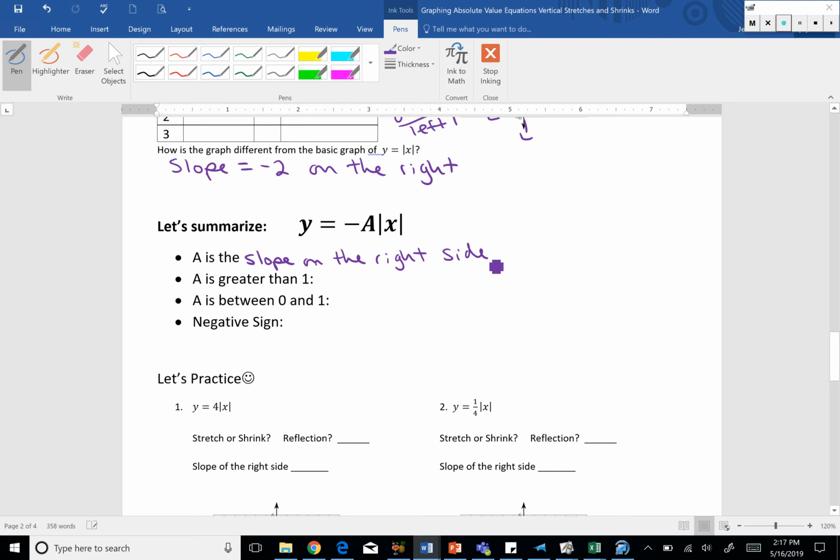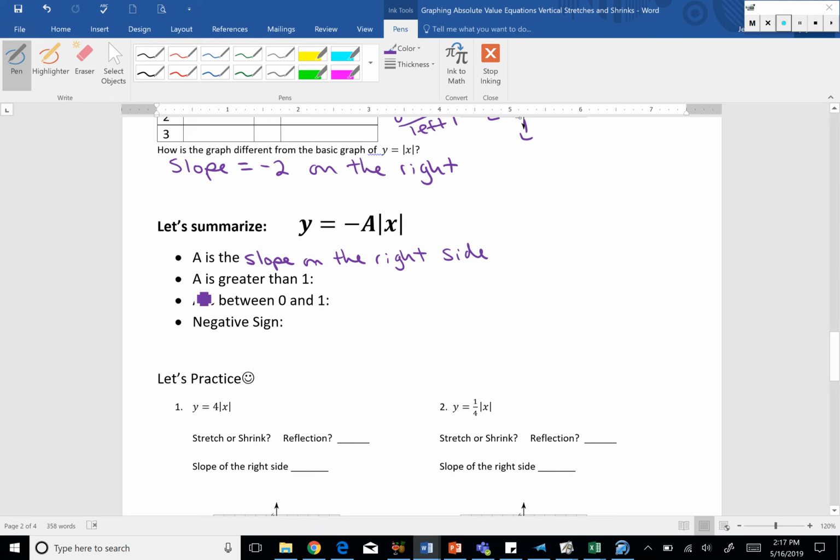It gives us the right part of our V. It's always the right side. So if you have to move up and right to get that, or maybe you have to move down and right if it's a negative slope, you have to move right to get that slope.